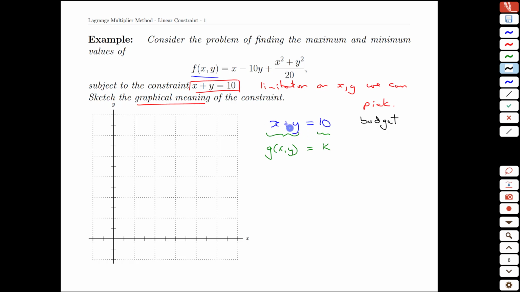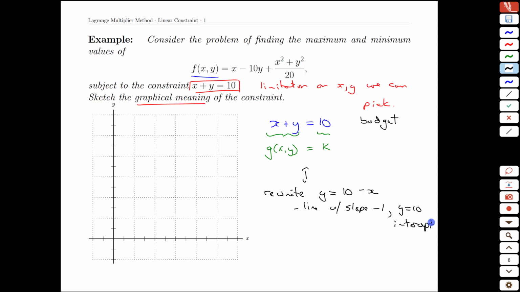But what about the graphical meaning? If we're looking at the set of points that satisfy this equation, as we've seen with contours, it's often easier to see the graph if it's written out in a more traditional way. So putting y on one side and being careful, it'll be 10 minus x, bringing the x to the other side. That is a line with slope negative 1 and y equals 10 intercept.